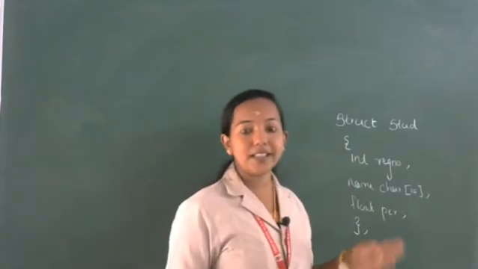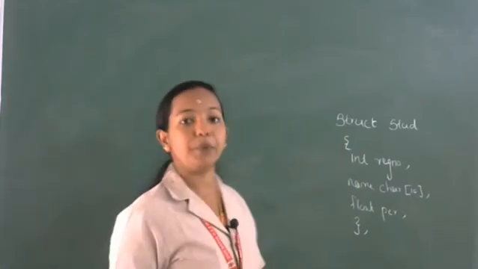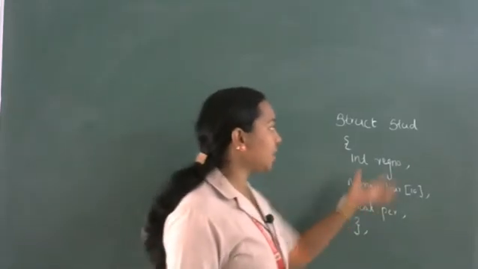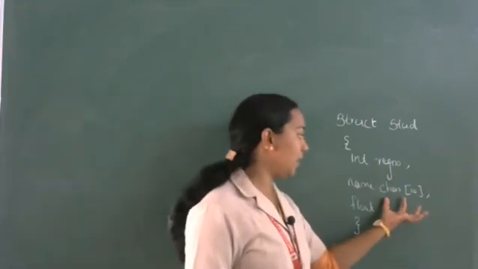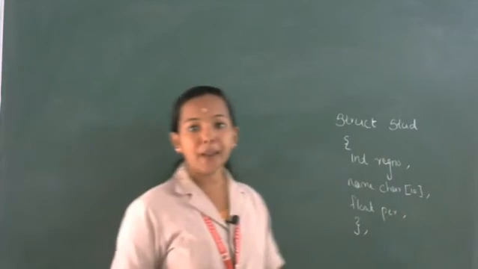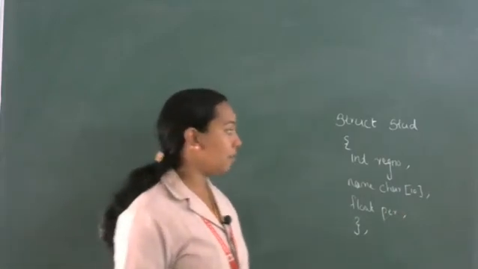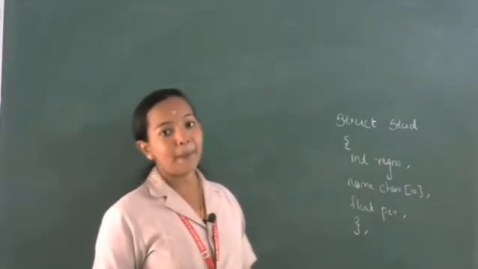So this is a sample structure program. It consists of 3 different data items: register number, name and also percentage.